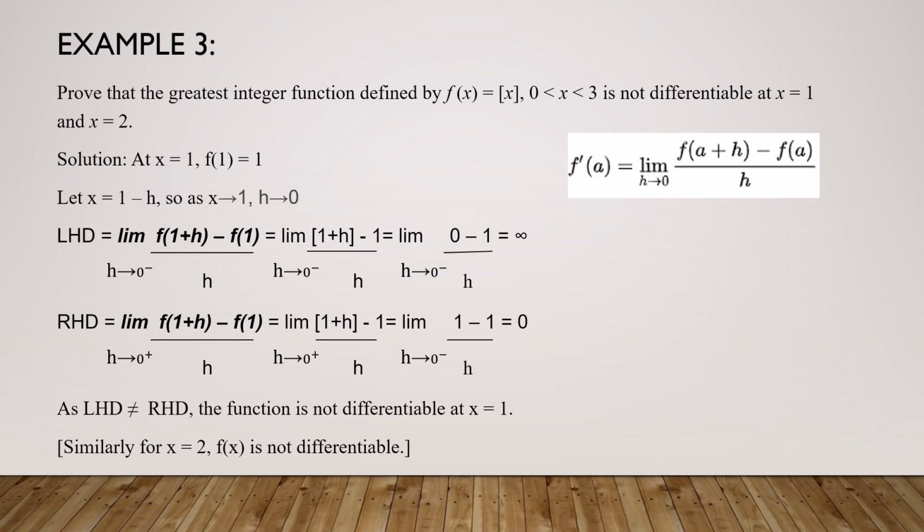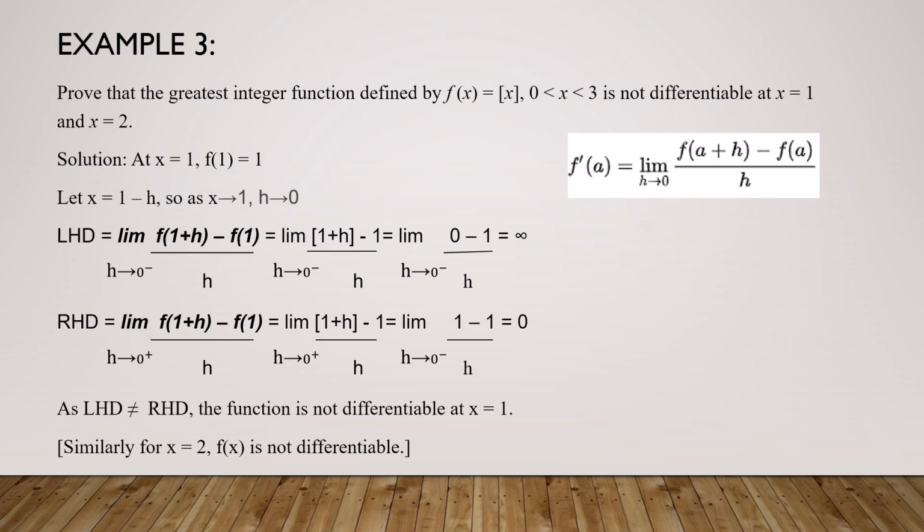The number over here is less than 1, so the greatest integer less than that number is 0. So 0 minus 1 upon h is equal to infinity. Why? Because as h tends to 0 minus, 1 upon h will tend to infinity.